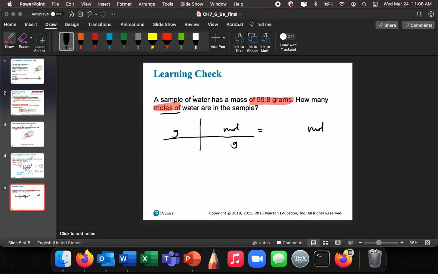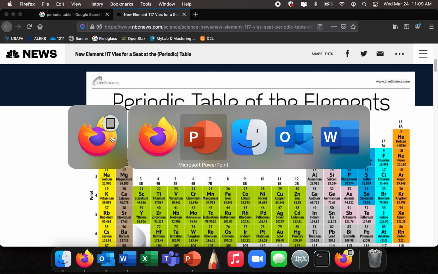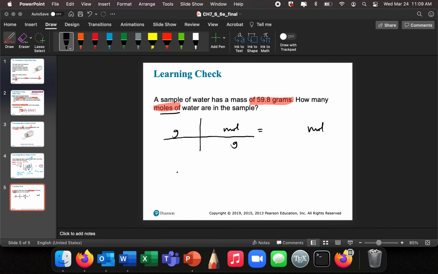Okay, so let's find the molar mass of water first of all. I still have this periodic table up. It's 2 times hydrogen, 1.0078, plus 1 times oxygen.